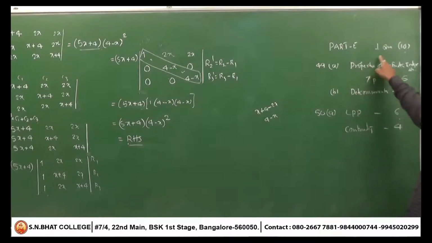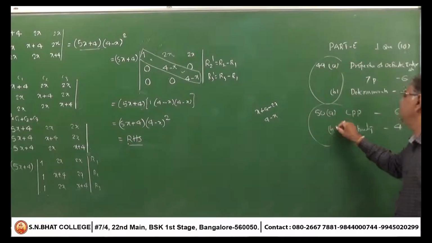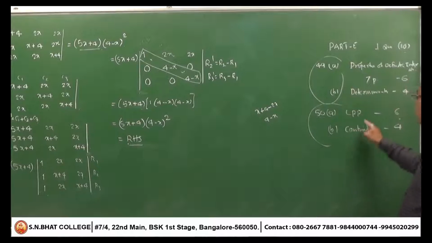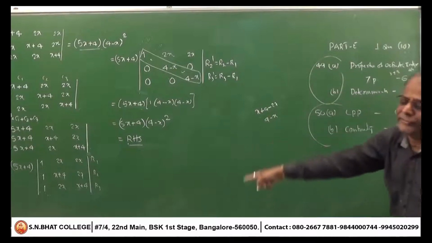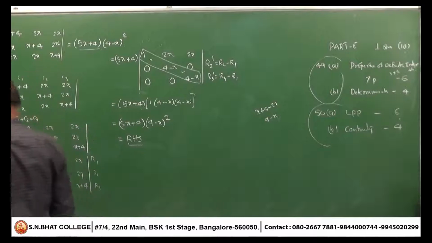Out of these 2 questions, you have to answer any one question, either this or this. LPP 6 marks question, continuity 4 marks question. One of the properties of definite integral 3 marks, one problem based on that property 3 marks, 6 marks. Determinant is 4 marks of this type of problem. It is a compulsory question in 49B.